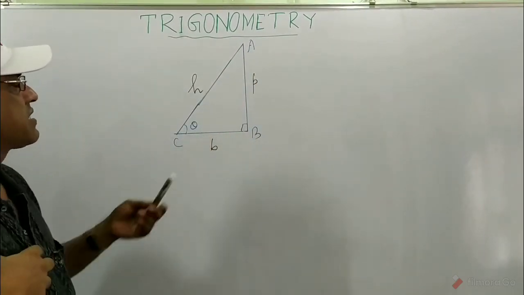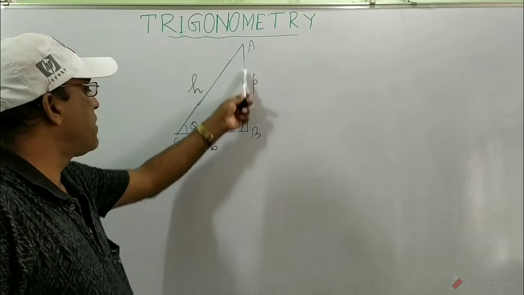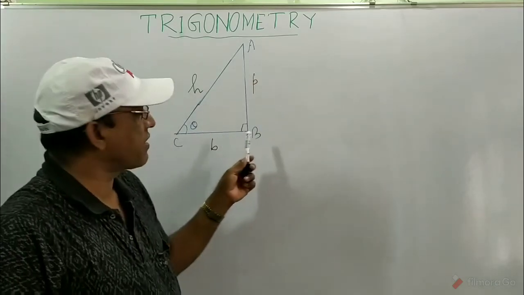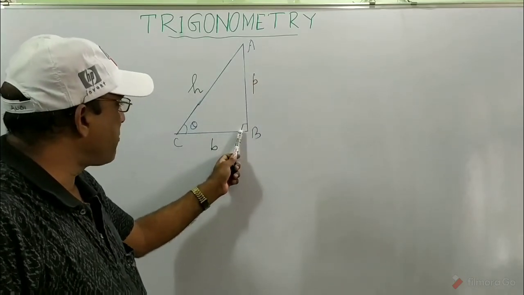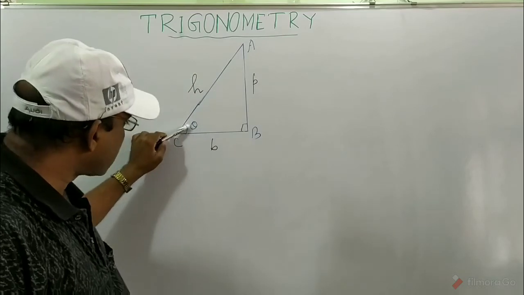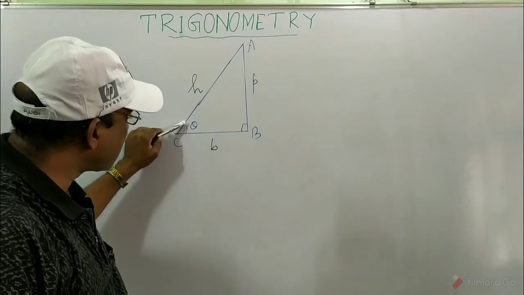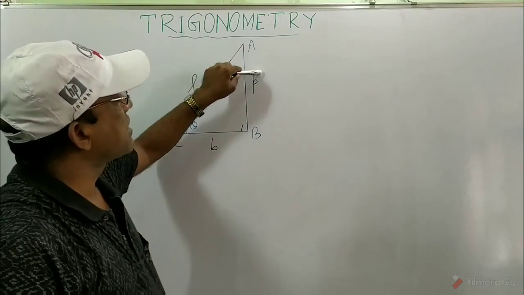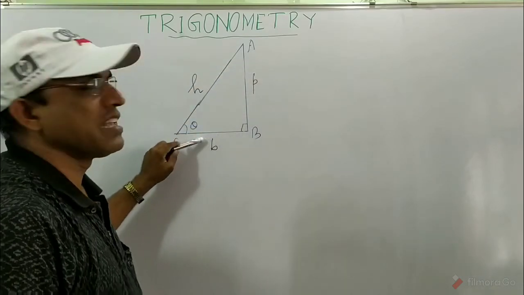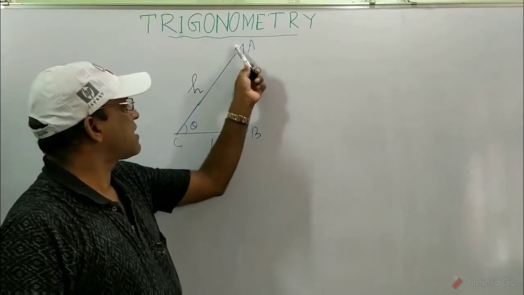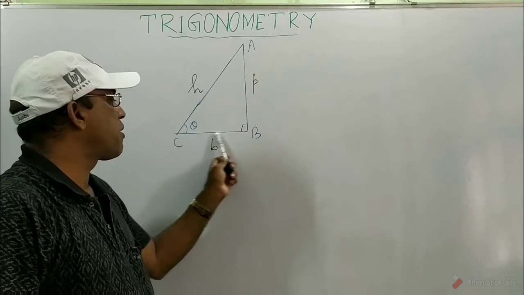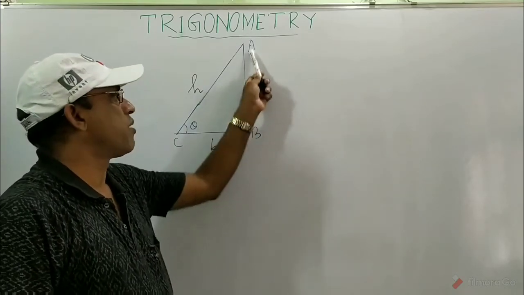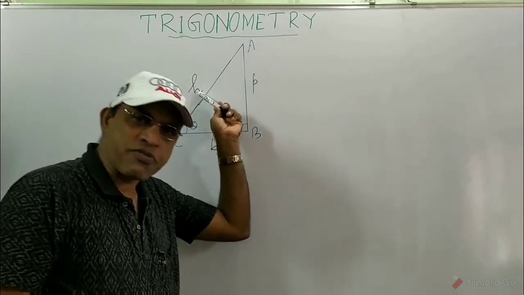So ABC is the right angle triangle. The side opposite 90 degrees is the hypotenuse. If we consider this angle, then the opposite side is the perpendicular and the remaining side is the base. If we consider the other angle, then the perpendicular and base are interchanged. But the hypotenuse is fixed.